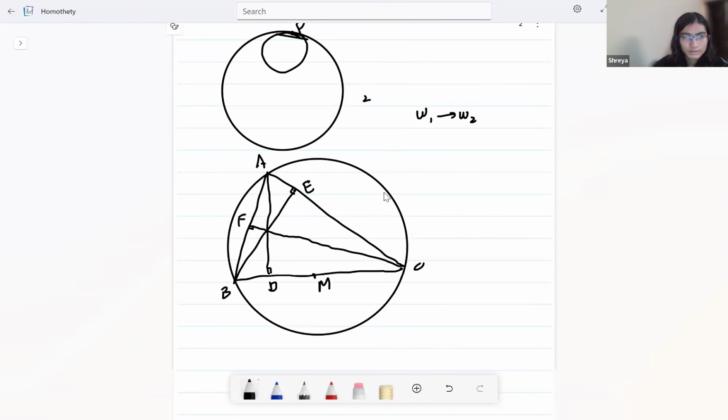We have D, E, F as the feet, and M, N, P are midpoints of the three sides. So then the 9-point circle is a circle passing through these 6 points. We have to prove that these points lie on a circle.